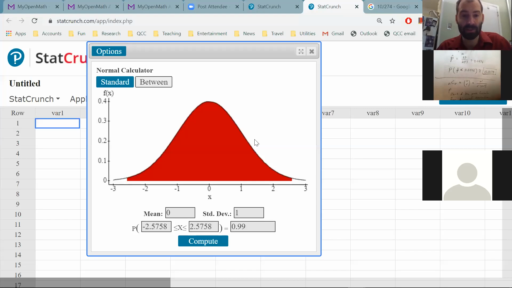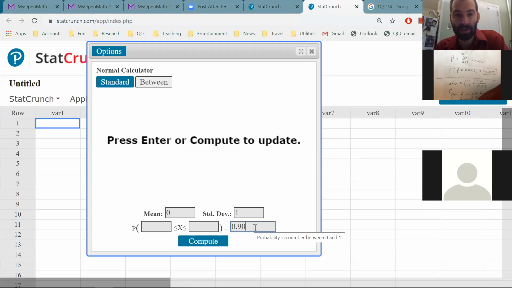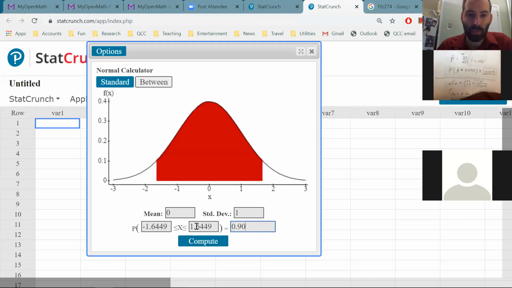Okay, so we're going to go back to StatCrunch, right? And we're going to do 90. So just put 90 in there. Looks like it's 1.64 this time. 1.64 standard deviations to the left or right of the mean gives you 90%. So that's the number we use. Sometimes I use 1.645.